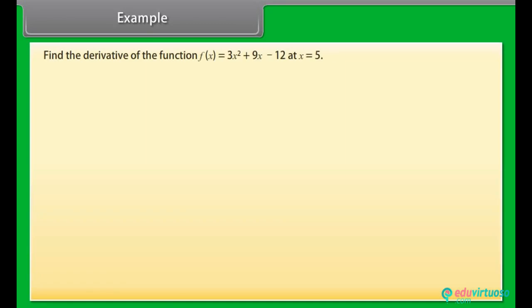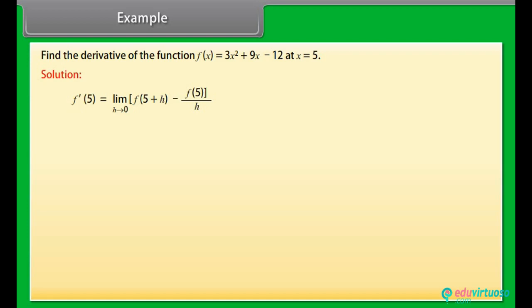Example. Find the derivative of the function f(x) is equal to 3x square plus 9x minus 12 at x is equal to 5. Solution. f dash of 5 is equal to the limit as h tends to 0 of f of 5 plus h minus f of 5, divided by h.